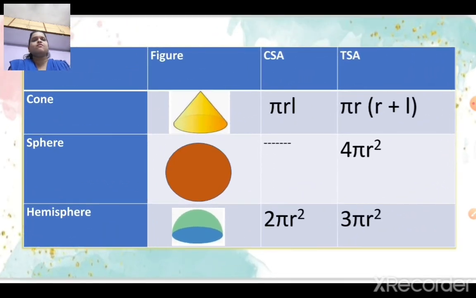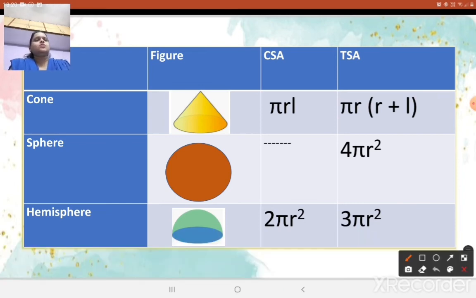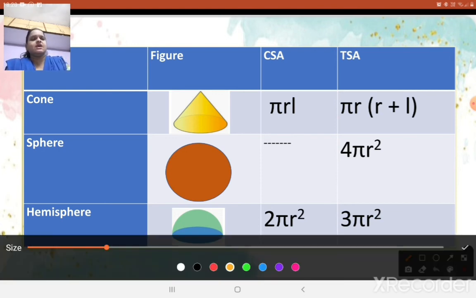The next one for cone. For cone, the curved surface area is pi RL and the total surface area is pi r in the bracket R plus L. Now which are the components we have used in this? R and L. Just look at here, what is the R value? Yes, so R is a radius of a base, as the base is in a circular shape, and L is a slant height.